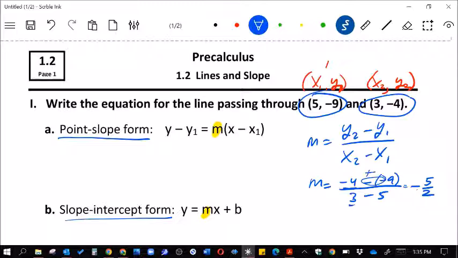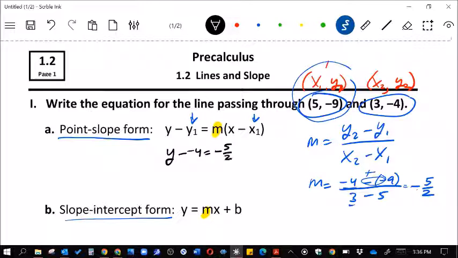Now when we come over to the point-slope form, we can put in y1 and x1, and we chose this one for it. It doesn't really matter. We could use the other one for it, but we might as well stick with this. So it's going to be y take away -4 equals -5/2. Oops, actually I started putting the 2.